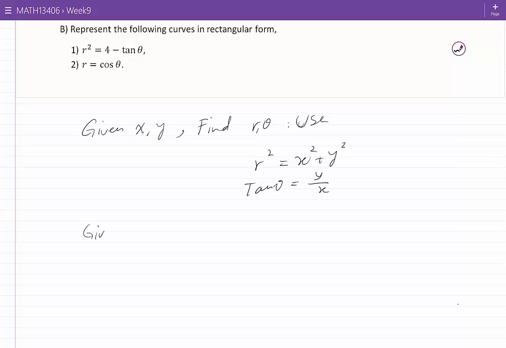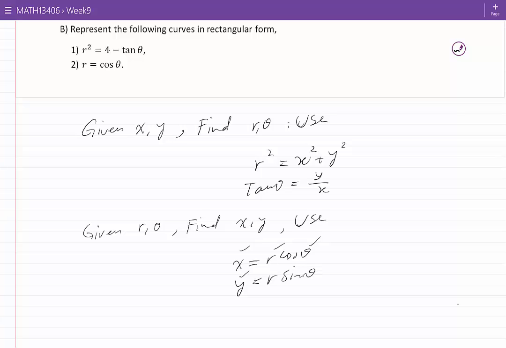If we're given the polar representation, that is r and theta, and we want to find the rectangular representation, that is x and y, then we would use x is equal to r cos theta, y is equal to r sin theta. Theta and r are given, so we can find x, and in the same way y.